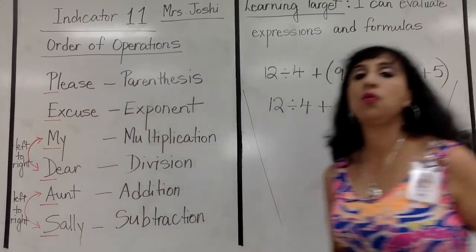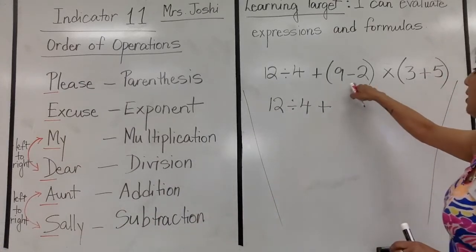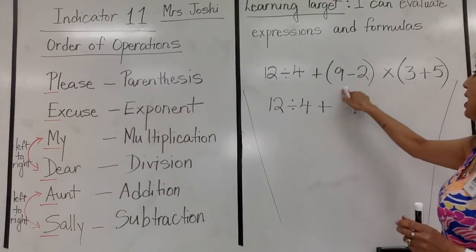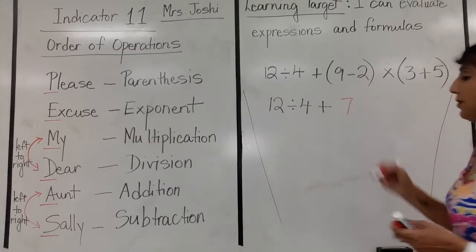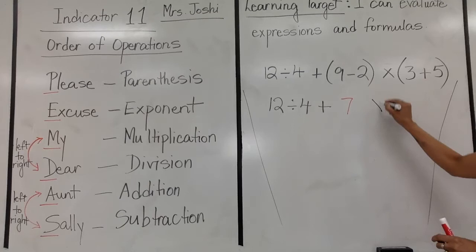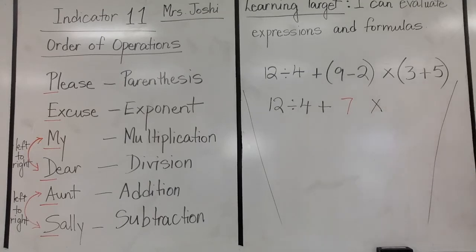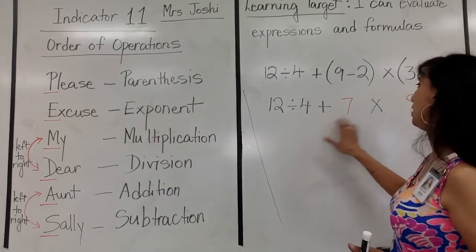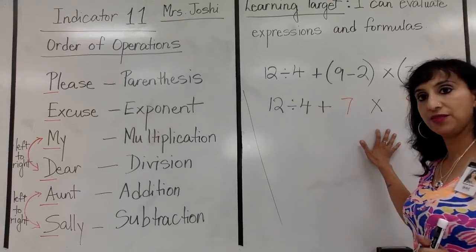Okay, so we are going to solve this part, which is the parentheses, 9 minus 2, and I get 7. Okay, and then yes, we are going to solve this part because this is also within the parentheses. So I do 8. Okay, now we have division, we have addition, we have multiplication.